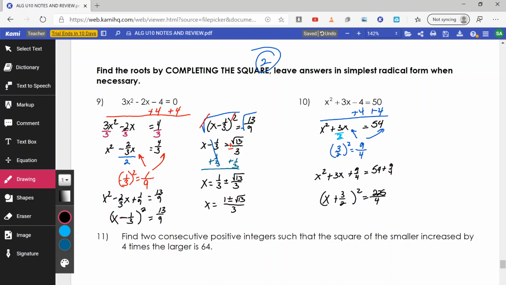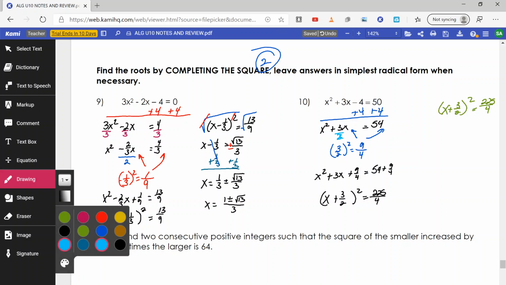So now that we have the perfect square binomial all set up, we can use our solving methods to figure out what x is. So we have x plus 3 over 2 squared gives me 225 over 4. So what I want to do is take the square root of both sides. That will cancel out the square root and square.